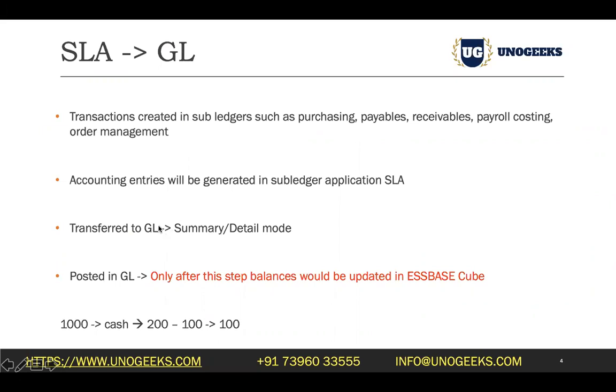And after you transfer them to GL, you might also post them in GL. When you transfer accounting entries from subledgers to GL, it doesn't matter whether you do it in summary mode or detail mode. Balances will not get updated in SPSQ at this particular stage. But when you post a journal in GL, that is when the balances would get updated in an SPSQ.